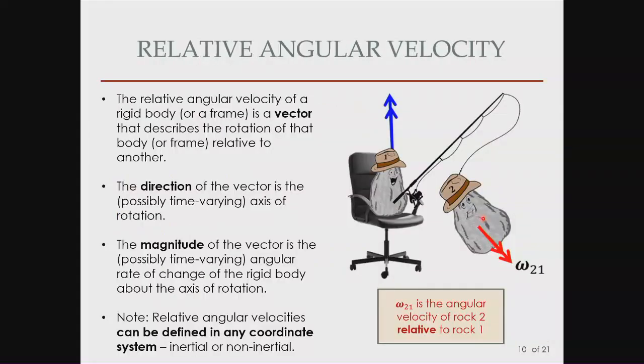these angular rates of change, we can go to defining angular velocities. The first thing we are going to define is relative angular velocities. And what do I mean by relative?